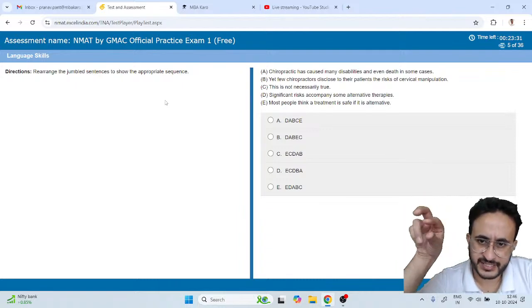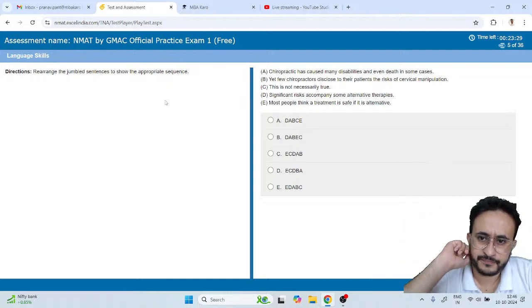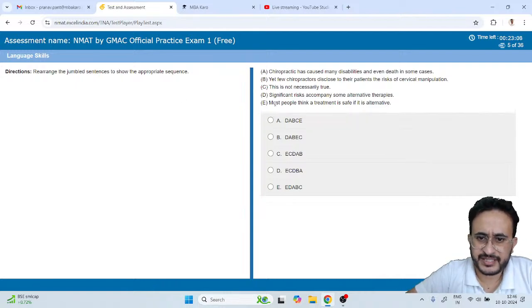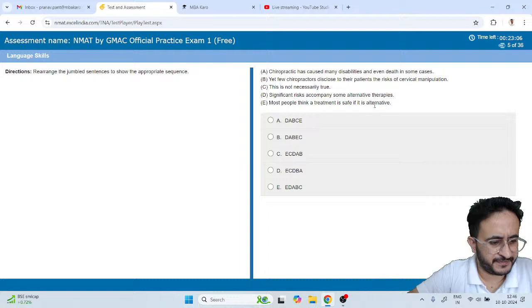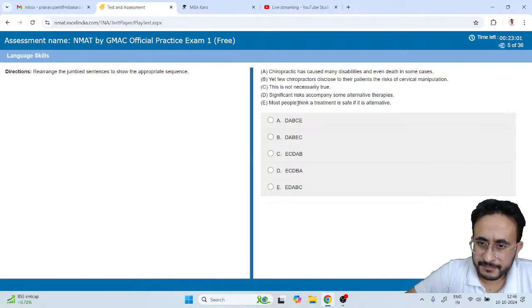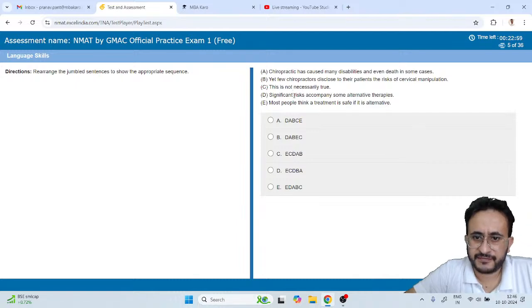This is not necessarily true. Which is not true? Significant risk accompany some alternative therapies. Most people think a treatment is safe if it is alternative. So after E we can have C, because E says that most people think a treatment is safe if it is alternative. Okay, so that means this is not true, and then why is it not true?